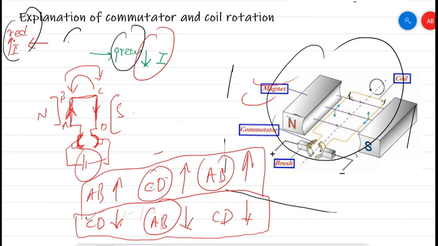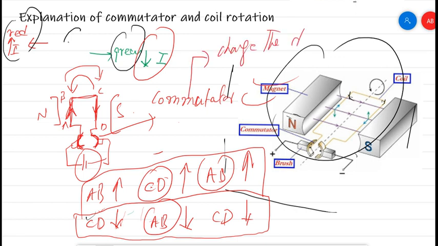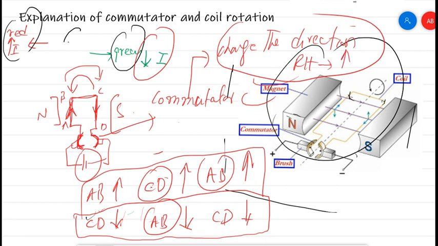Usually in the exam they ask what is the function of the commutator or the split ring, that it changes the direction of current. Why does it change the direction of current? Because suppose in the right side of the coil the current was upward. After the turn, when this right side reaches the left side, what happens when it reaches the opposite side?